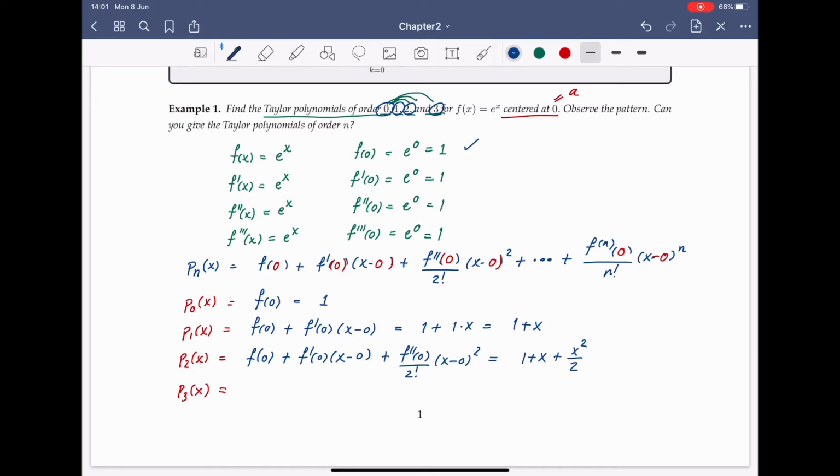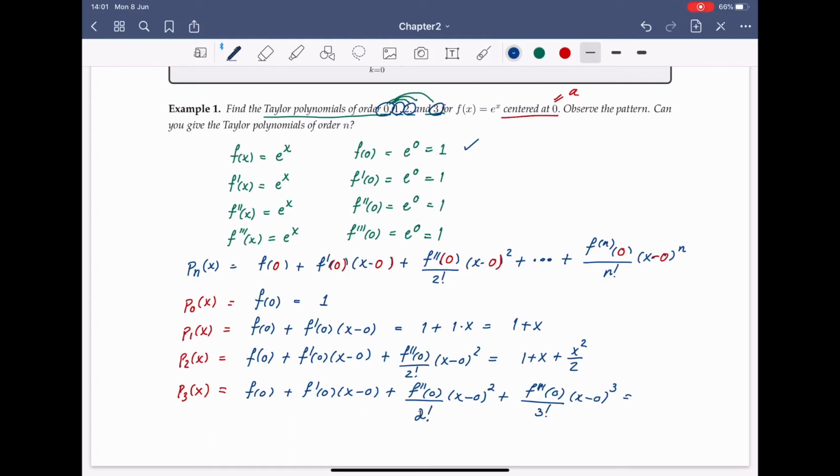And then after that you have f(0) plus f prime(0)(x minus 0) plus f double prime(0) over 2 factorial times (x minus 0) squared plus f triple prime(0) over 3 factorial times (x minus 0) cubed.